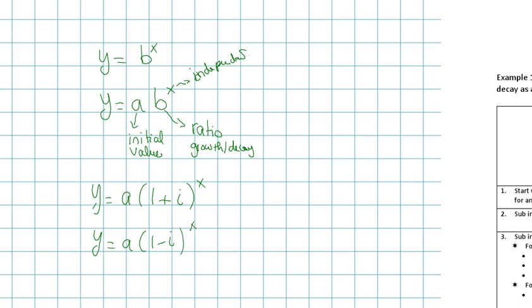Okay? Now you can see this with different letters. So you can see it as A equals A naught (1 plus i) to the power of n. Right? They mean exactly the same. They're exactly the same equation. They just changed the letters. Instead of y, a and x, they use A, A naught, and n. Okay? There's no difference between the two equations.